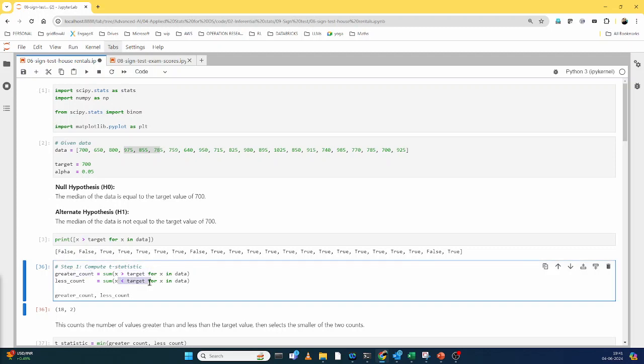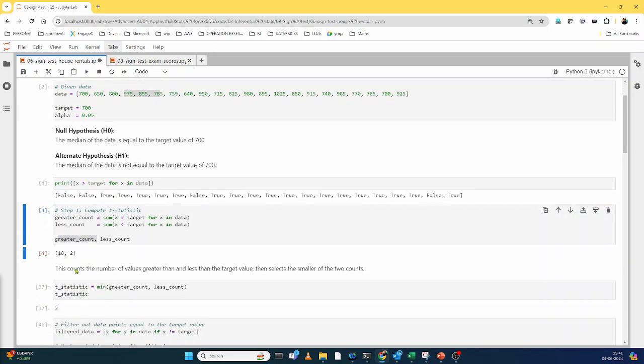Wherever it is less than the 700 target, that would be a less count. So we have these two values, greater count and less count, 18 and 2. This is the number of values greater than the median and the number of values lesser than the median. The test statistic is going to be the minimum of the two.